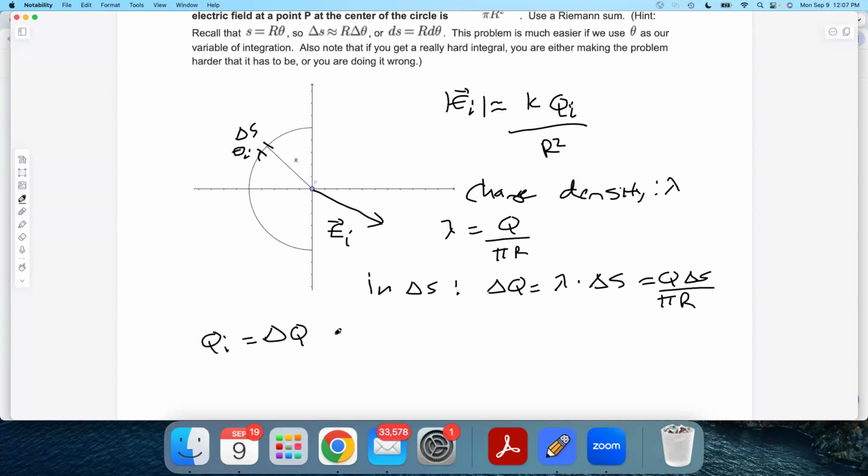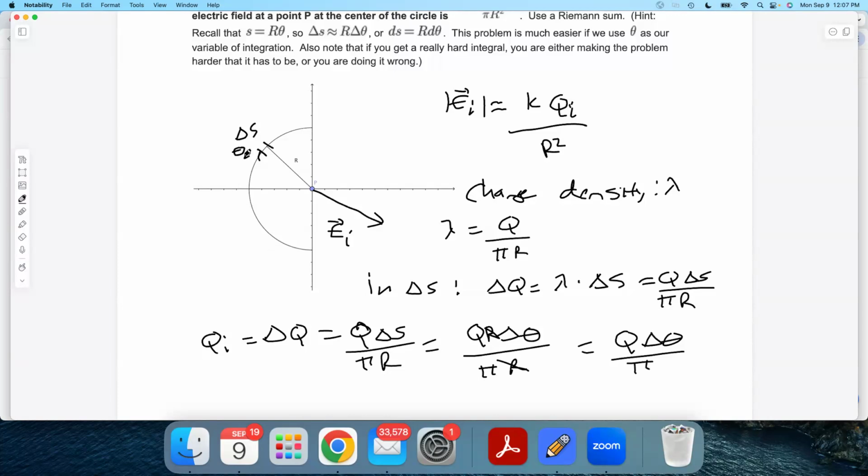The amount of charge that lives in that little section will be Q delta S over pi R, but delta S is R delta theta, and the R's cancel. And we get Q delta theta over pi.